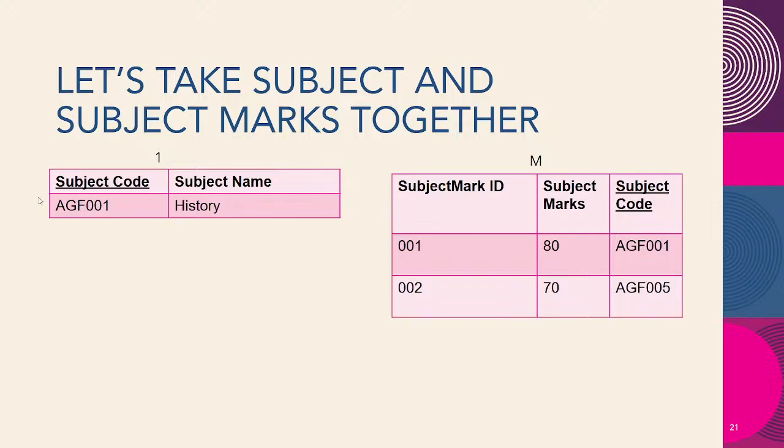This AGF appears only once in the subject code table but multiple times in the subject marks table, according to the subject and according to the student. We will consider that relationship later.